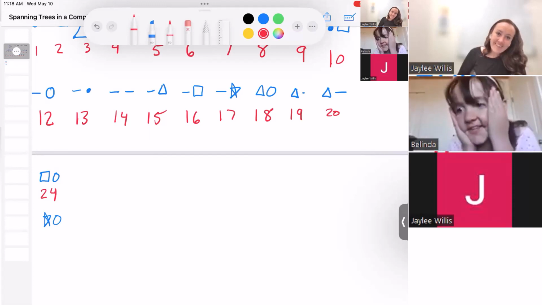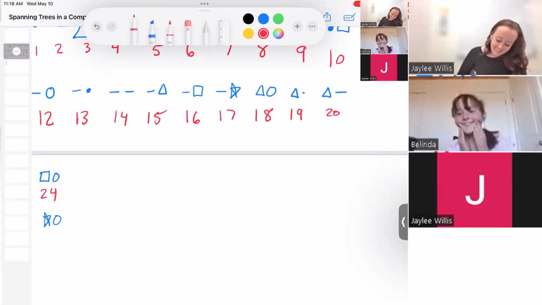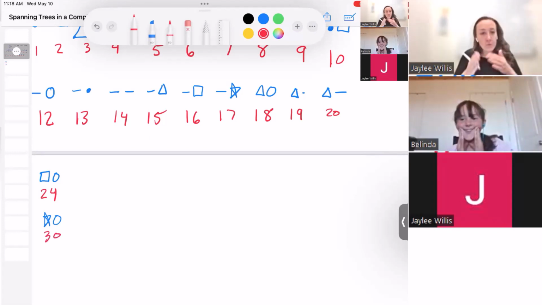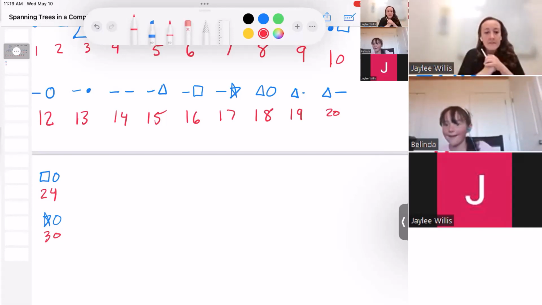It is 30. Right? Because if square T equals 24 and star T is one more T than that, like 24 plus 6, because each T is a 6, that would be 30, right?